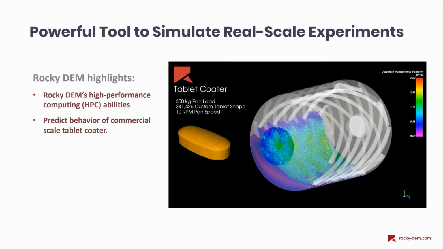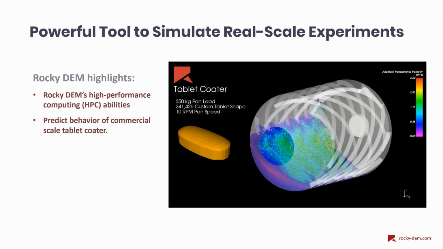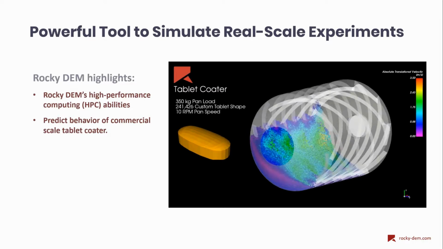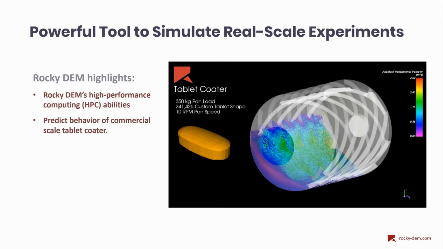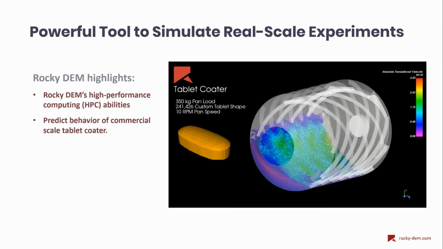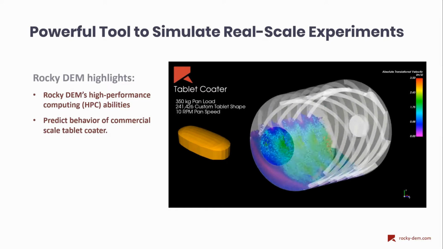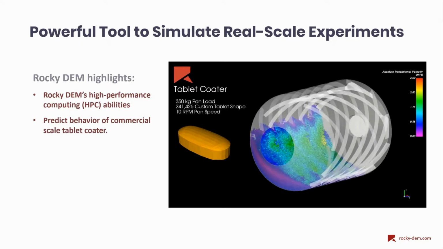And Rocky can also utilize multi-GPU to remove the bottleneck from simulations with a large number of calculations. This is helpful because it allows us to run the simulation faster and to handle cases closer to real conditions without any scaling. For example, here we have the tablet coater simulated by BMS at real scale that includes more than 100 million contact faces between particles.